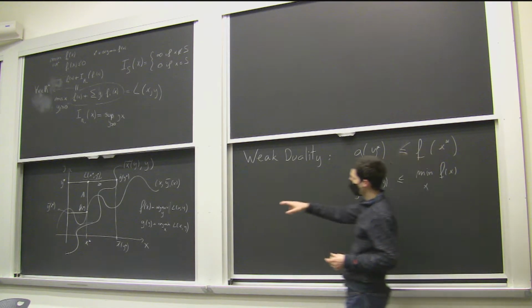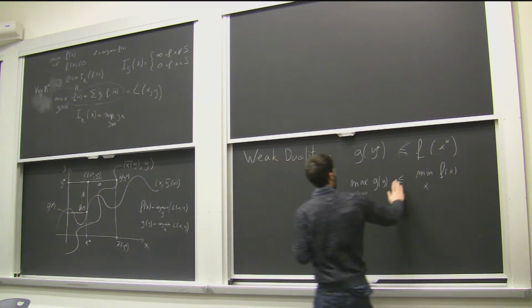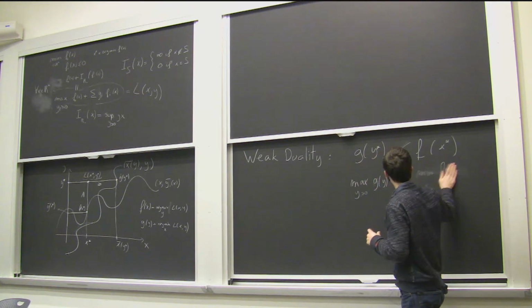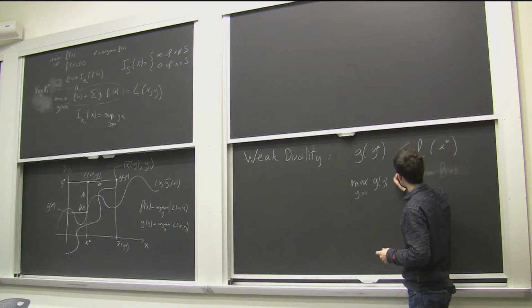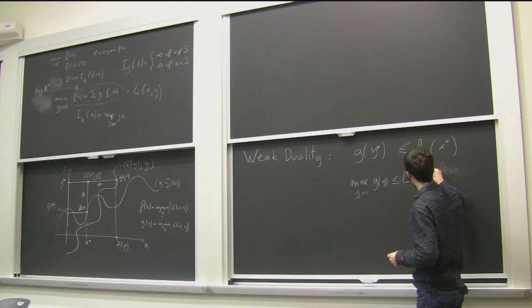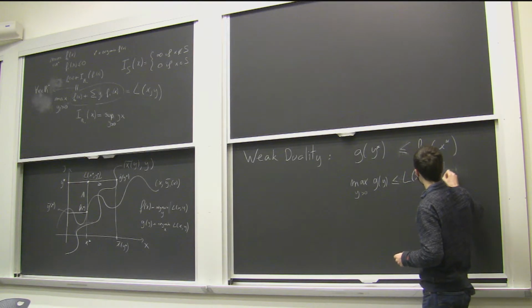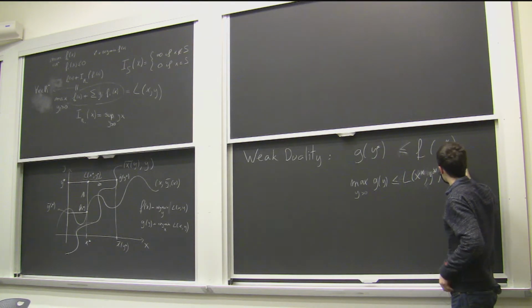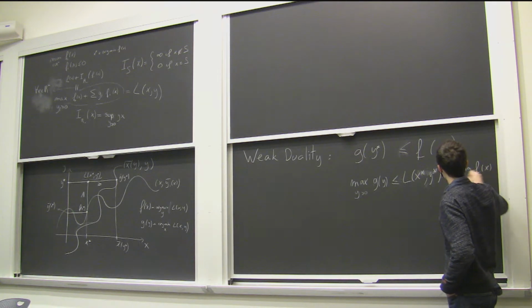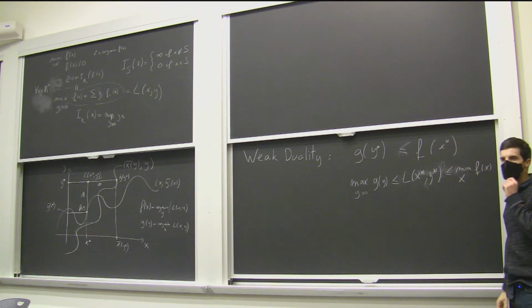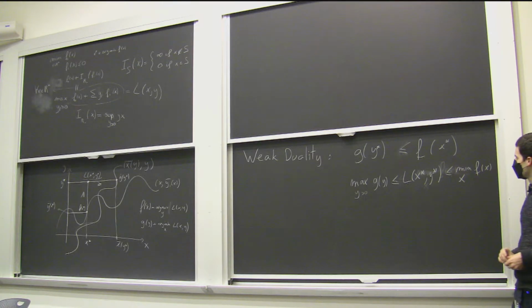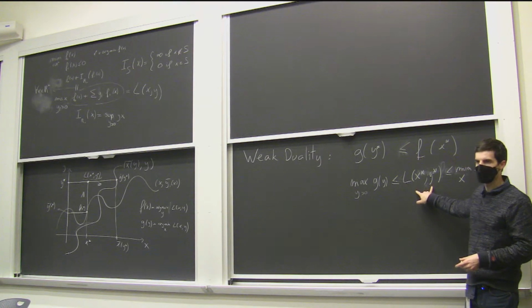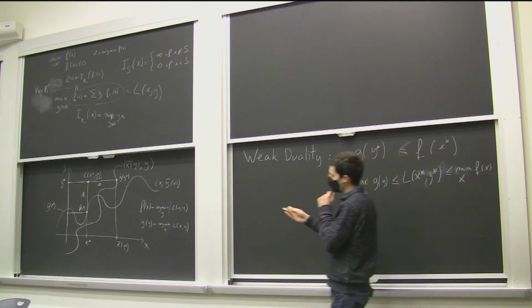And what we see here is that you can say even more. You can also say that in between, you always have L of x y. You have this guy in the middle that you can actually use.